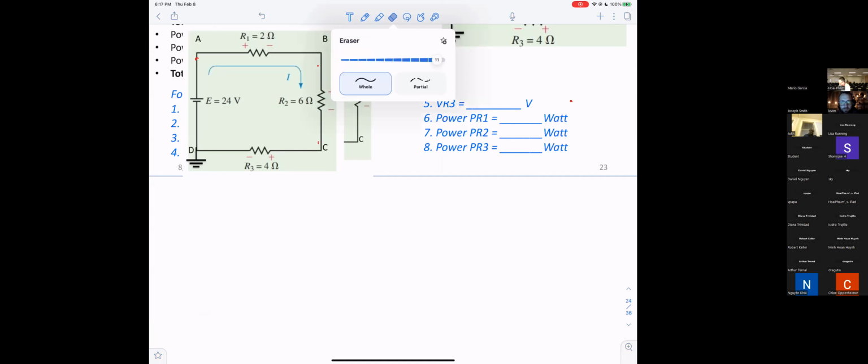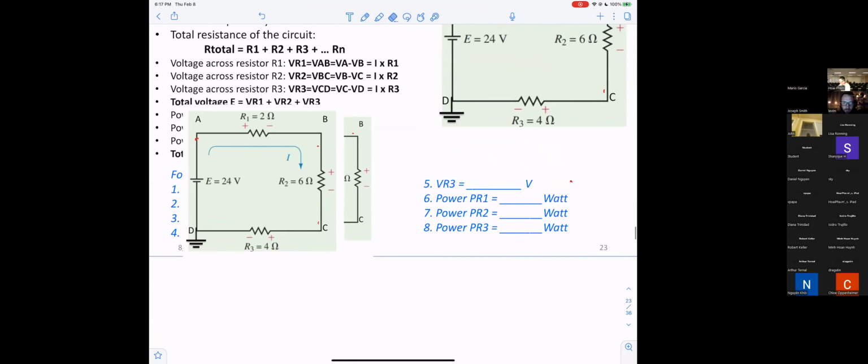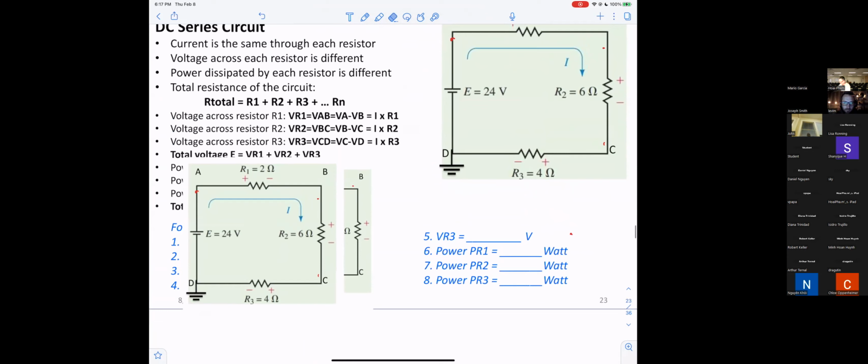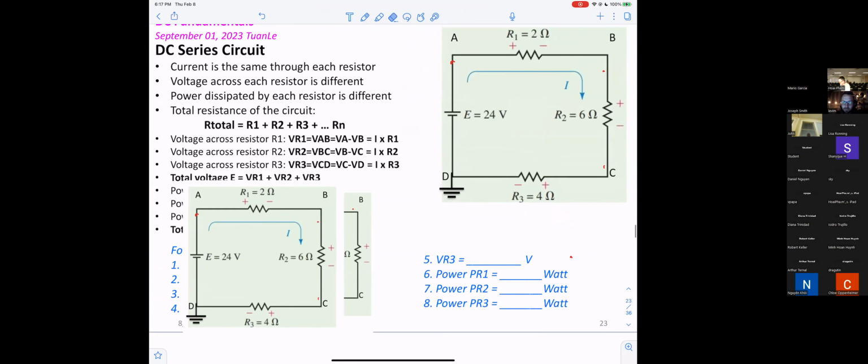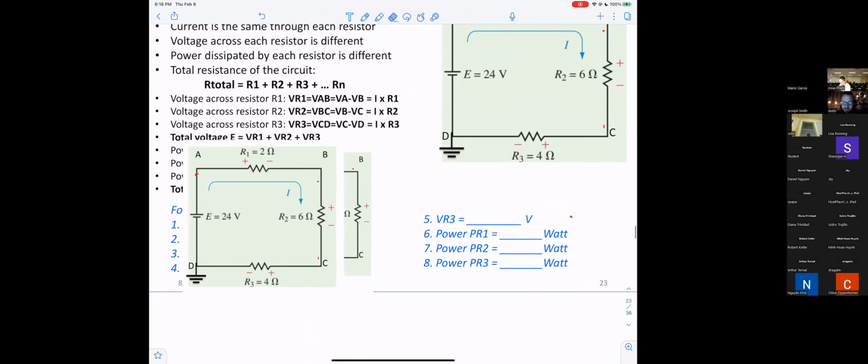Not a biggie. You can make that top picture bigger and it'll cover it up. It's saving it on the same slide.